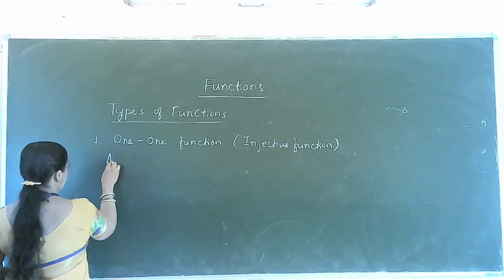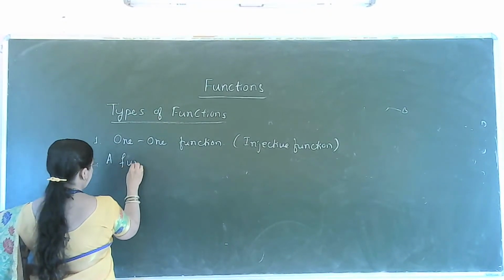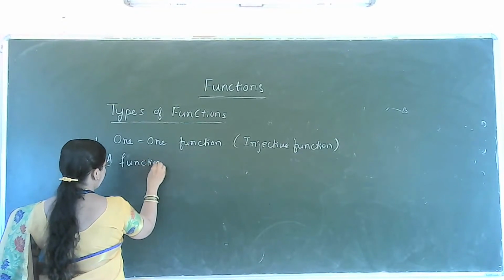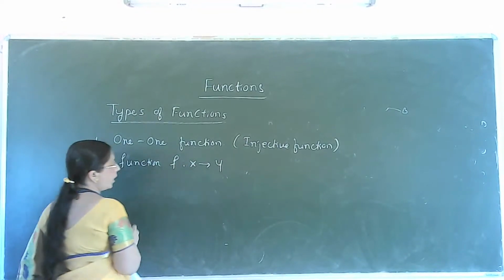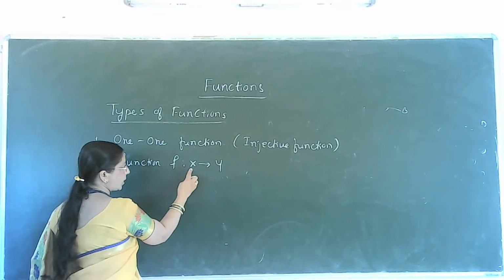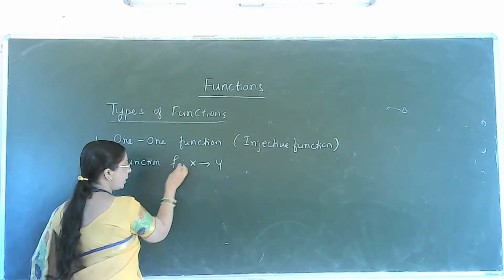A function f from X to Y represents a function from X to Y. X is the domain, Y is the codomain.